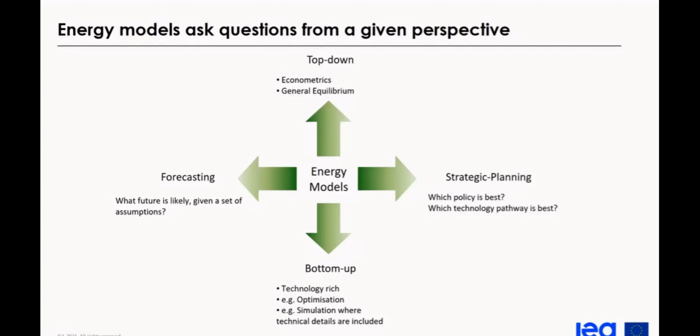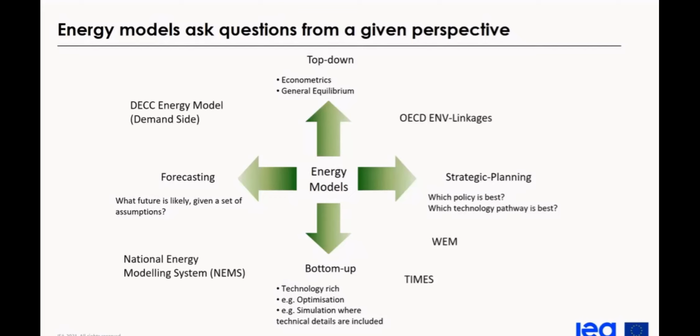Then, in terms of modeling methodology, as we say, there are bottom-up and top-down methodologies. There are many different models and existing tools to do energy modeling. At the IEA, we use what we call the World Energy Model that we will present in more detail.